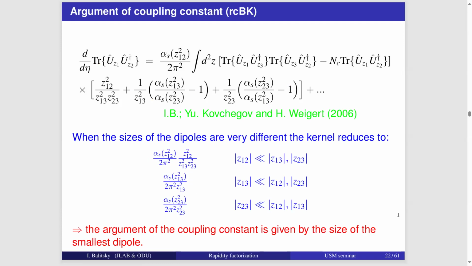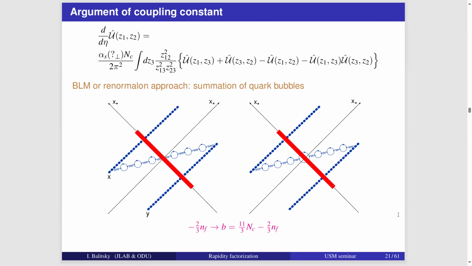And the idea of this BLM is very simple. You calculate this bunch of diagrams with the quark loops, and then say, whenever I see a bubble, I promote it to the whole beta coefficient, which is 11/3 N_c minus 2/3 N_f. This approach was advocated by Brodsky, Lepage, Mackenzie, so it is sometimes called the BLM approach.